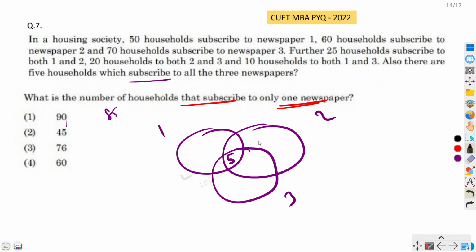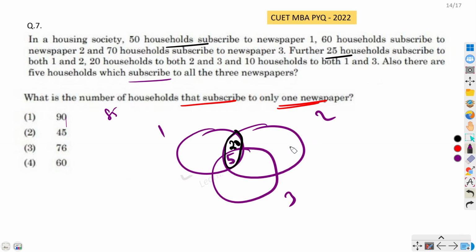What is the common between 1 and 2? 1 and 2 are how many households? 25. So from 25, 5 is gone. So this would be 20, right? Okay, wait. There is one more portion, right? So let us calculate this at last.